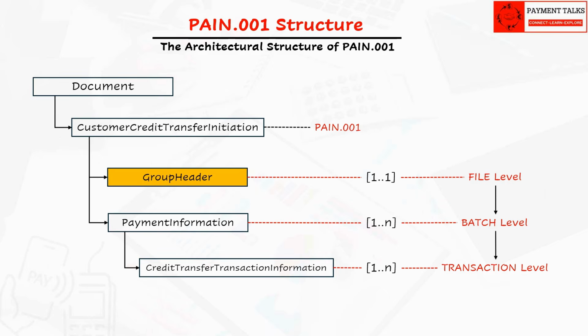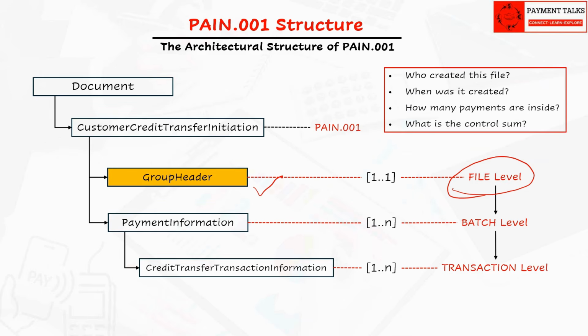First is layer 1, group header. This is at a file level. Think of this as the envelope of the entire file. It answers who created this file, when was it created, how many payments are inside, what is the control sum. The key idea is everything in the file shares this context.